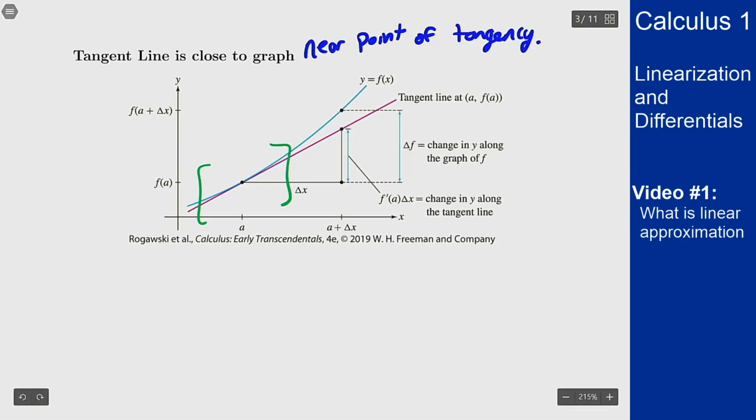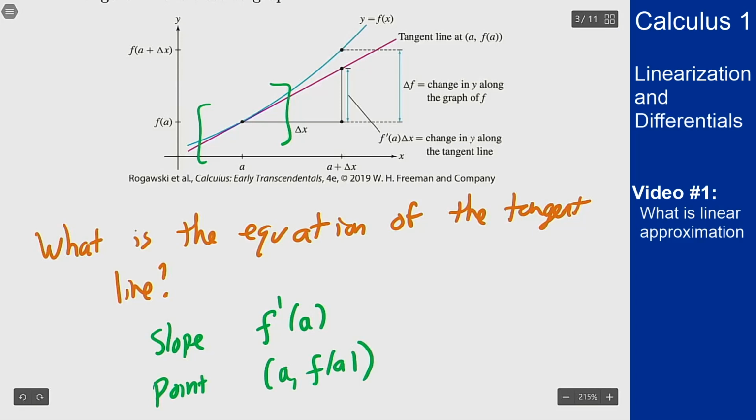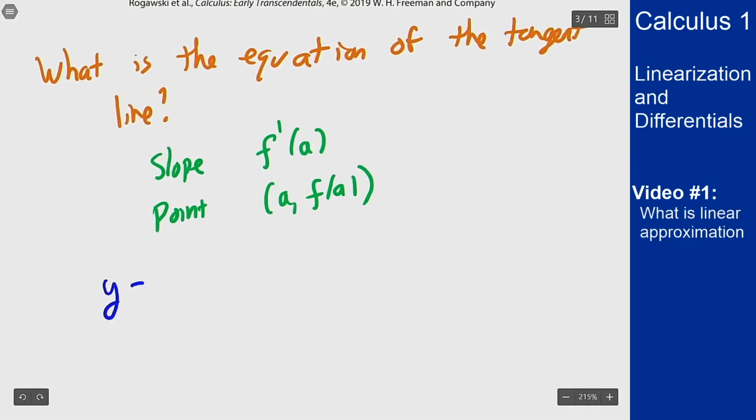Now, what's the equation of the tangent line? Well, we know it has slope f prime at a, and it has to go through the point (a, f of a). That's what it means for that line to be tangent to the curve at that point. So the equation is y minus f of a equals f prime at a, for the slope, times x minus a.